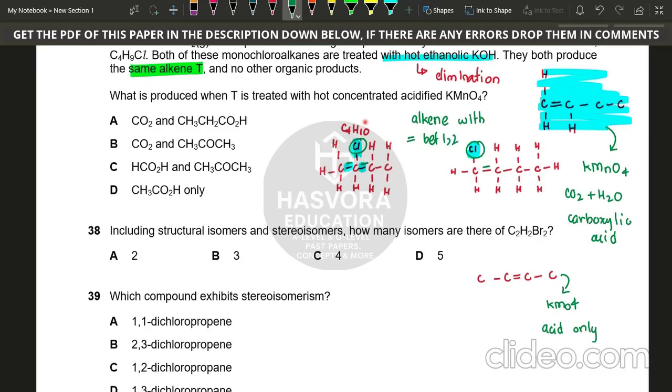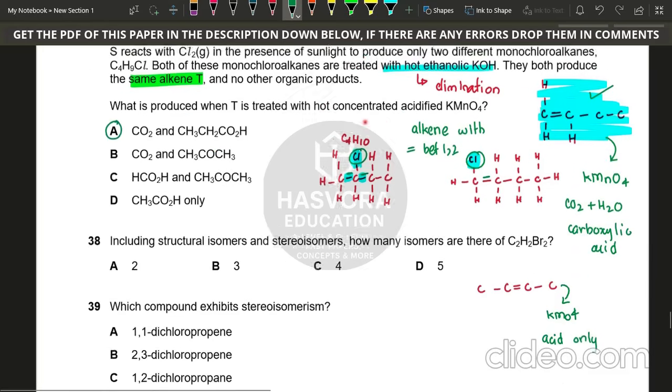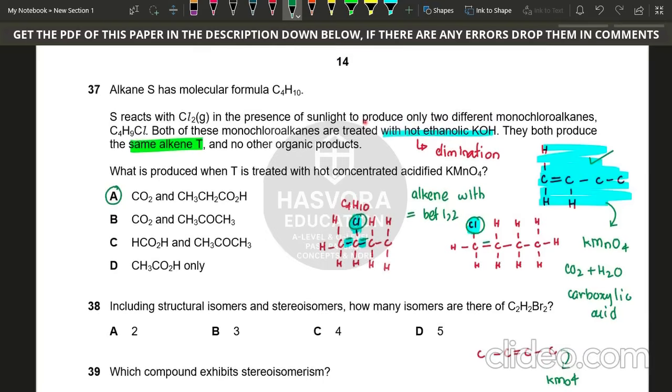Okay, so we will consider the first one. So CO2 plus H2O and the carboxylic acid. So it is a 3 carbon acid, so it will be this one. Okay, and so it will be A. The answer for this one will be A, because for the second one it is a ketone, this is not an acid.